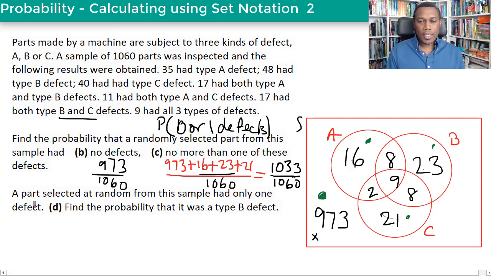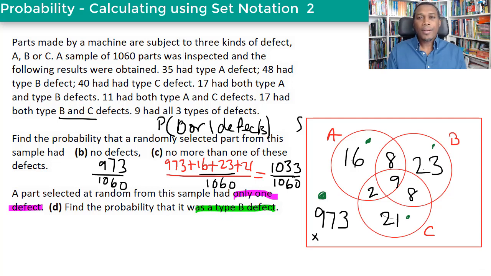We see in this story that a part selected at random from the sample has only one defect, and we find the probability that this part that only has one defect was a type B defect. So the condition is the part must have one defect. We're no longer interested in parts with no defects or 2 defects or 3 defects. We're only interested in the set of parts that has one defect.